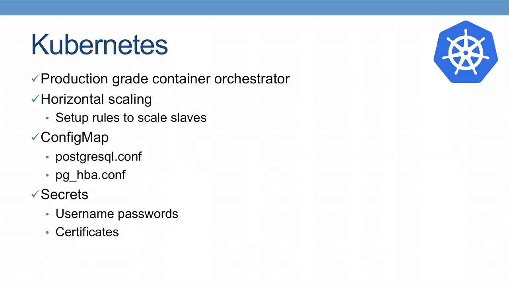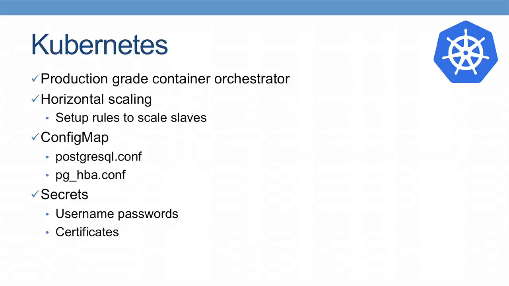You could write a small script and say, if this read slave reaches 90%, just spin up another slave. You no longer have to keep monitoring yourself. You could write a small script, trigger Kubernetes to provision a new slave, and now you have increased the number of read slave servers in your setup. So this can be pretty much automated based on the rules you want to apply for your deployments.